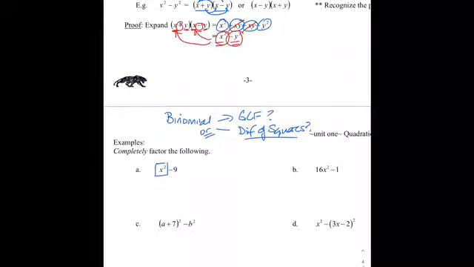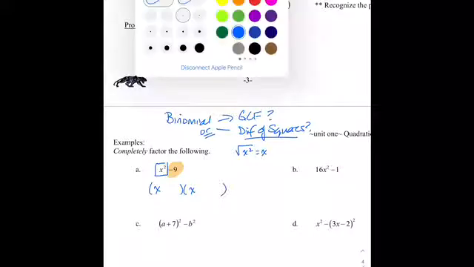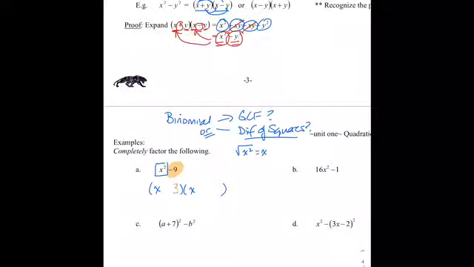Of course it is, because the square root of x squared is x, and I rewrite that as an x and an x. Then I look at the negative 9 and ask, is that a perfect square? Well, 9 is a perfect square, the square root of which is 3 and 3. And then one of these is going to be positive and one negative.